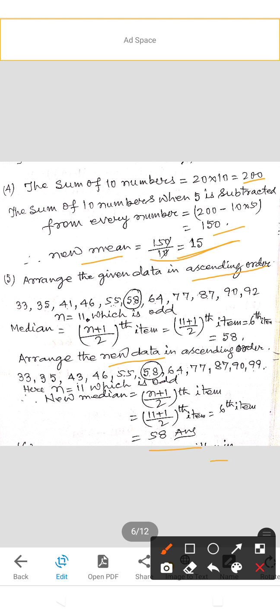Here n equals 11, which is odd. So the median equals the (n plus 1) by 2 th item. With n equal to 11, 11 plus 1 by 2 is the 6th item, and the 6th observation here is 58. So the median equals 58.